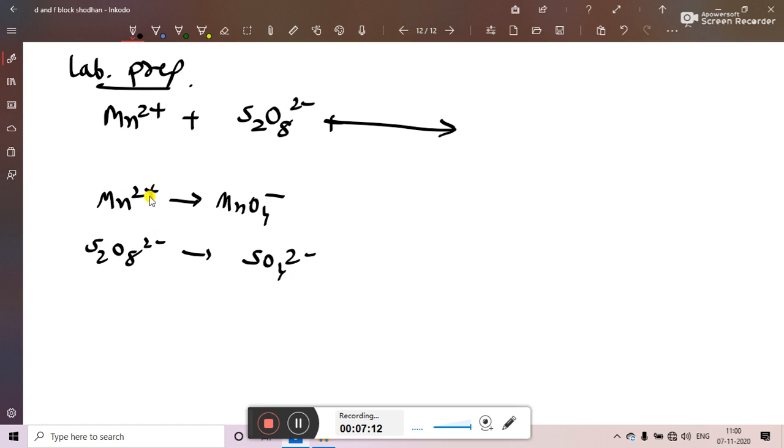In Mn2 plus, Mn is in plus 2 oxidation state, while in MnO4 minus, Mn is in plus 7 oxidation state. So this is an oxidation reaction. There is a change in oxidation number by 5. So on the right hand side, we have to write down 5 electrons. In persulfate ion, the oxidation number of sulfur is plus 6, while in case of sulfate ion, oxidation number of sulfur is plus 4.